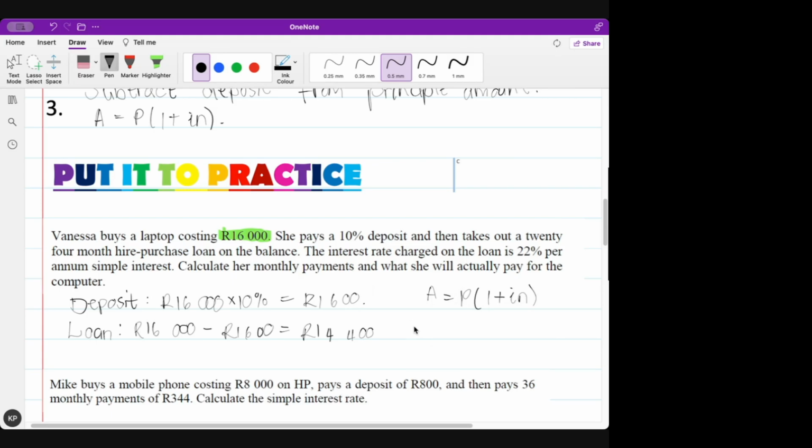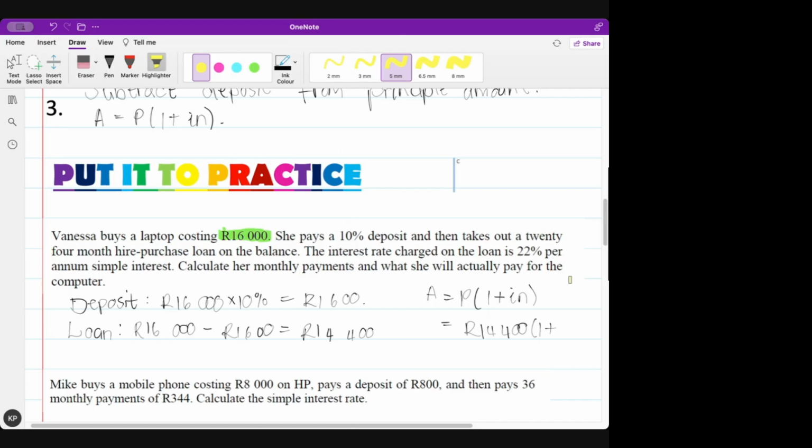Of these two, between 16,000 and 14,400, which one is the principal amount? That would be the 14,400, because that's actually what she's borrowing. So it's 14,400 multiplied by 1 plus my interest rate, which is 22%.